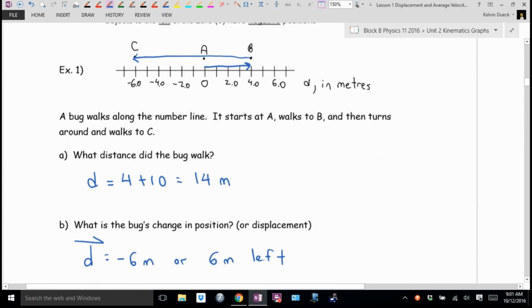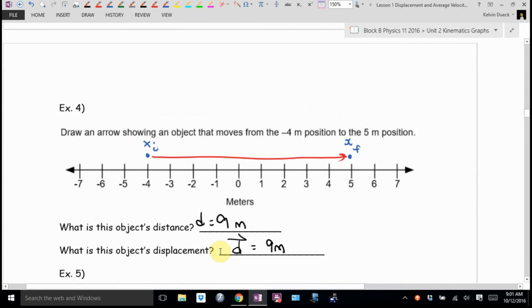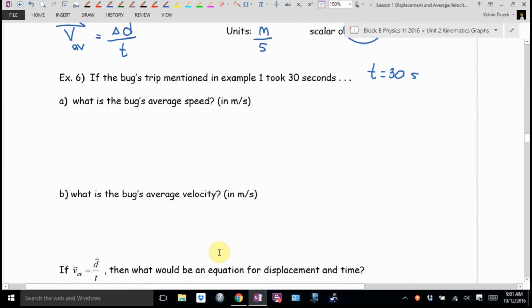The distance was 14, the displacement was 6. Over here, let's write distance was 14 meters, displacement was 6 meters. Okay, now we've got our data. Part A says, what's the bug's average speed?